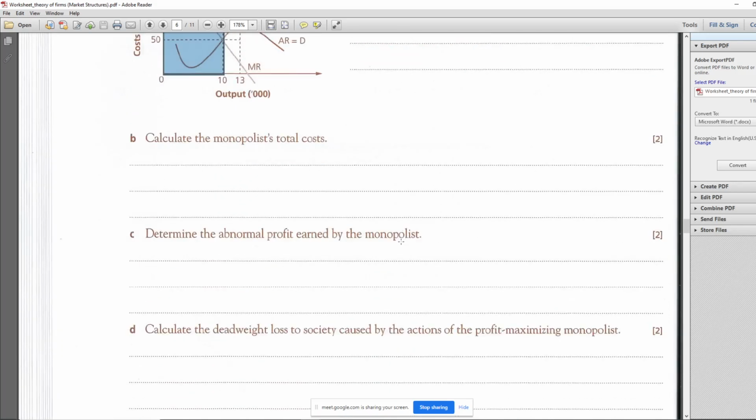All right, let's move on to the third one. Determine the abnormal profit earned by the monopolist.